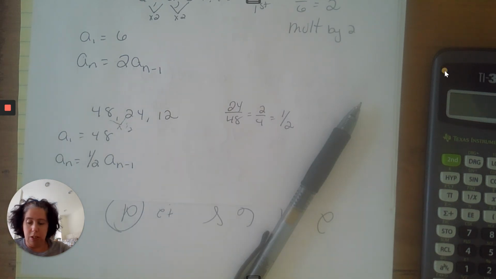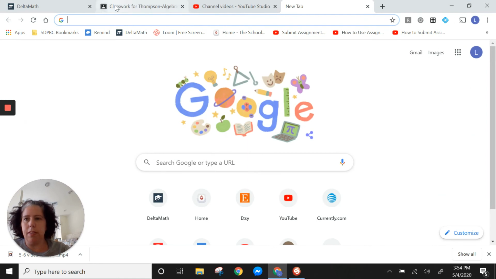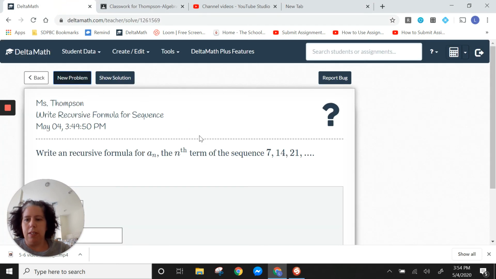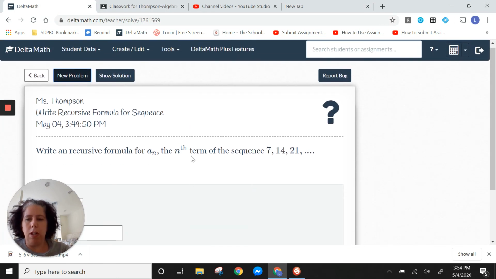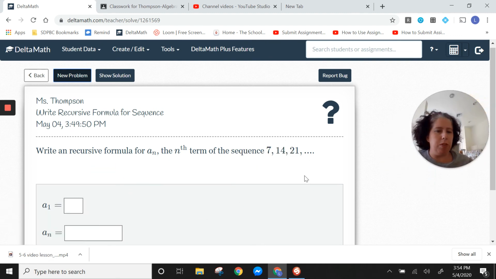So let's go look at the Delta Math problems. Write a recursive formula for 7, 14, 21. How do you get from 7 to 14?